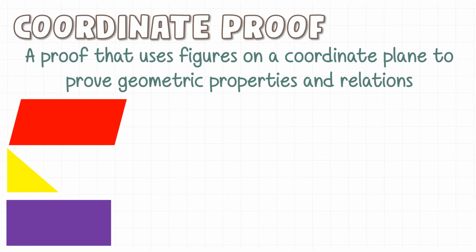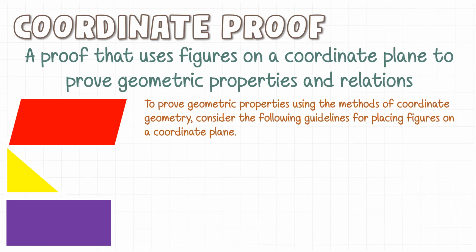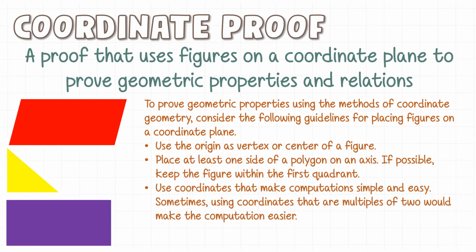So what are the steps in writing a coordinate proof? Ayan. Number 1, use the origin as vertex or center of a figure. Number 2, place at least one side of a polygon on an axis. If possible, keep the figure within the first quadrant. Kasi mas madali mag-solve kapag nasa first quadrant.